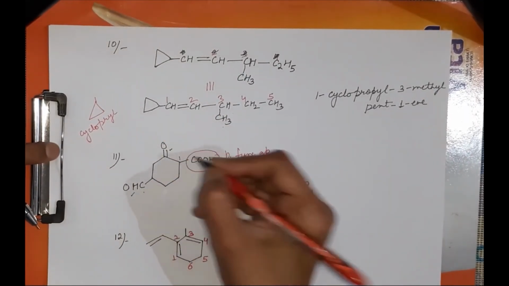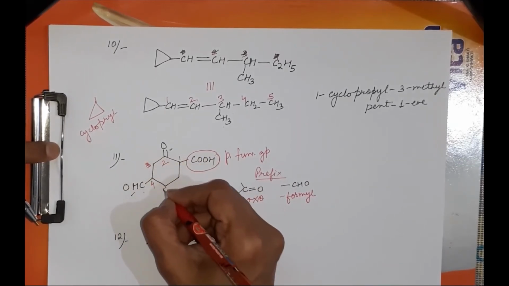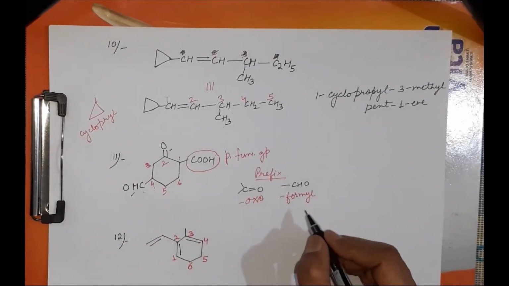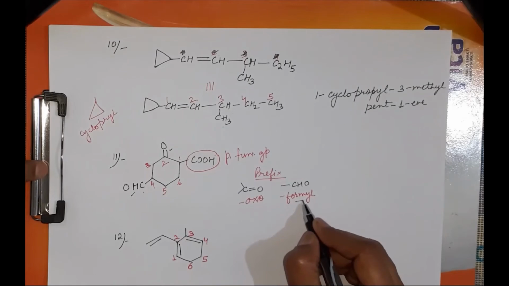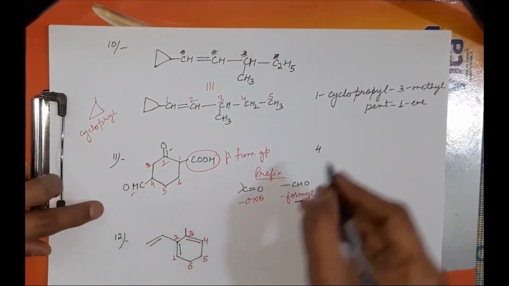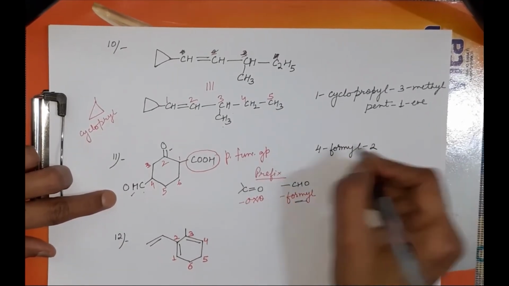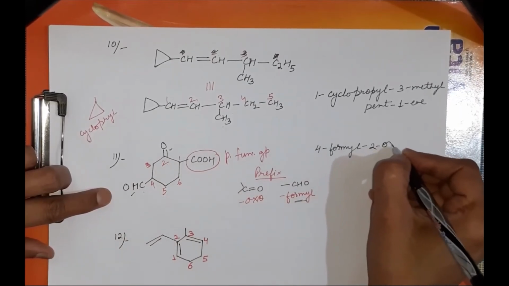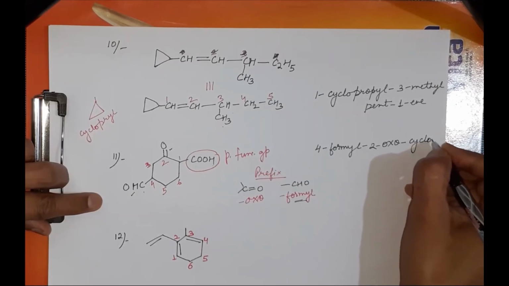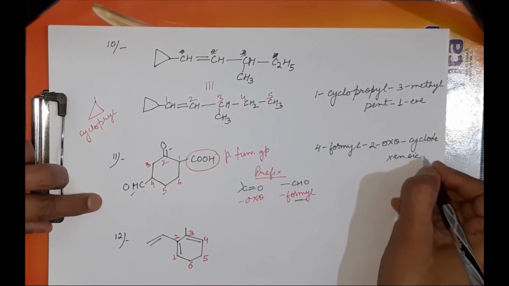Numbering will be done like this: 1, 2, 3, 4, 5, 6. So the name will be according to the alphabetical order. First this formyl will come. So 4 formyl, 2 oxo, cyclohexanoic acid.